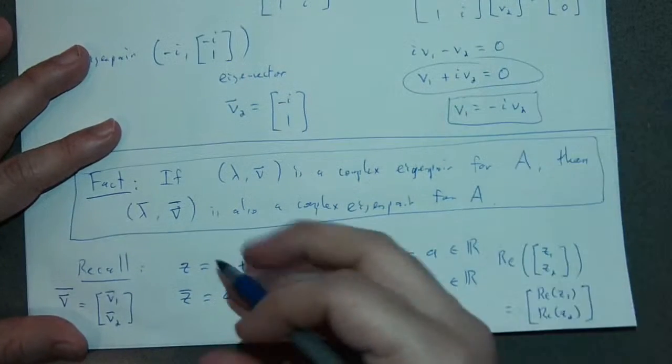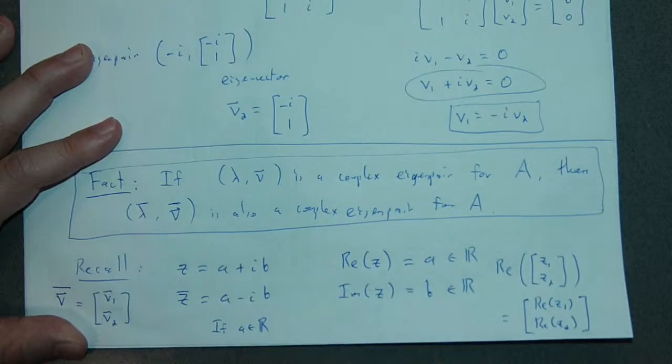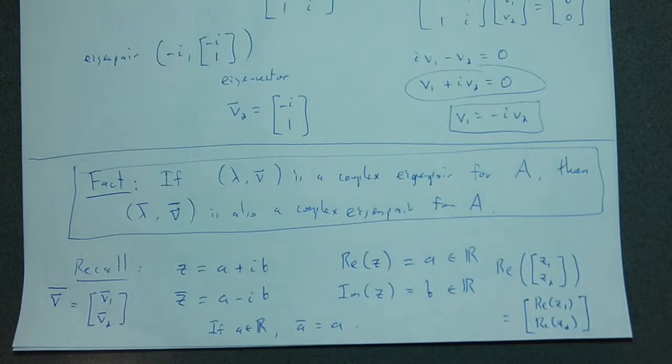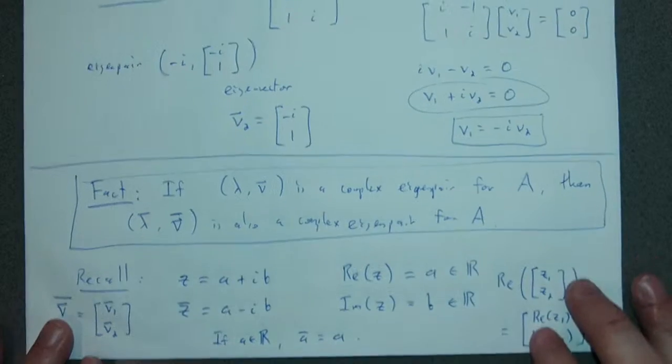Another thing I should say: if a is real, then a bar is equal to a. So complex conjugating a real number does nothing. That's how you can tell what's going on in this pattern, because it couldn't be anything else.